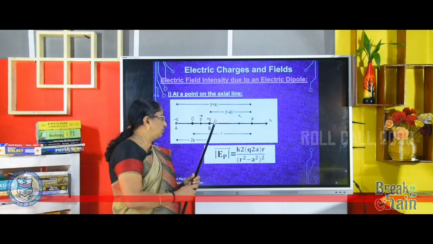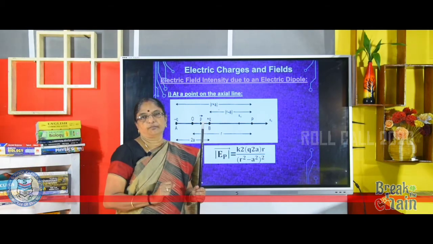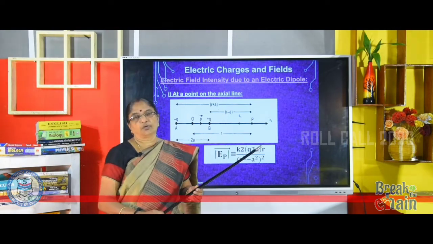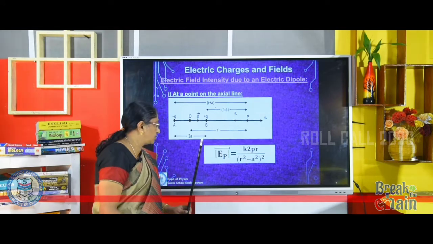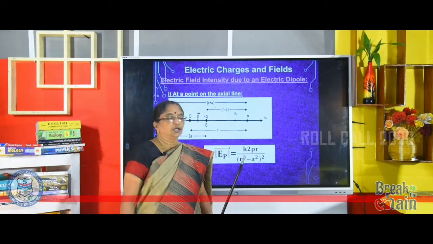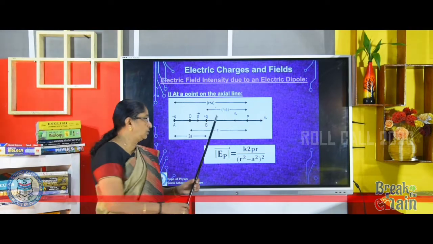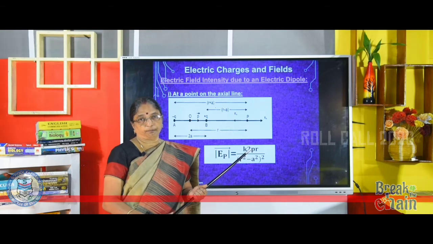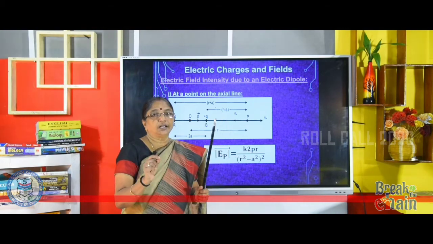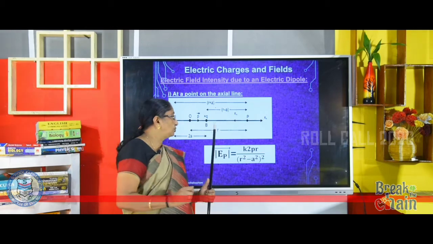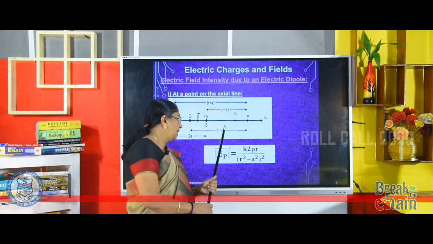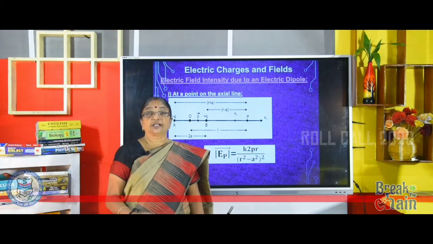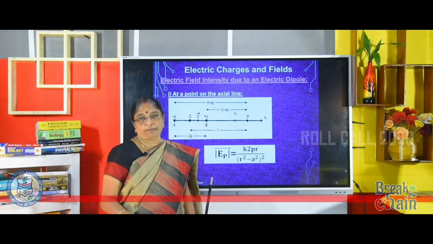You know why I wrote q into 2a within bracket? Yes, q into 2a is the electric dipole moment, which is small letter p. So the equation for EP can be written like this: k into 2 into p into r divided by r square minus a square the whole square. Or simply, 2kpr divided by r square minus a square the whole square is the magnitude of electric field intensity at P due to this dipole.